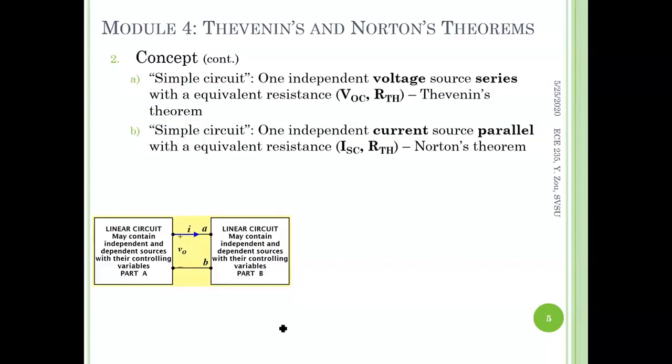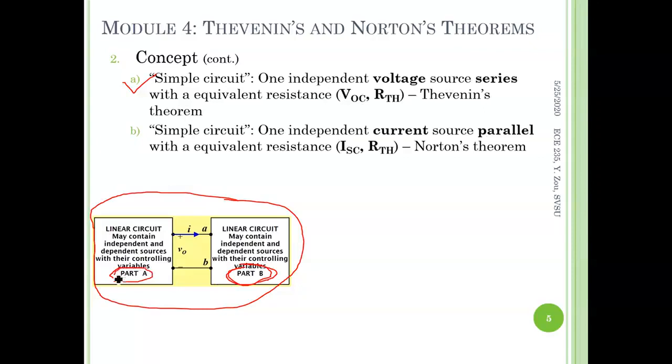Let's see a more visualized explanation of the concept. For option A, the given original total circuit is highlighted in yellow. It consists of part A and part B. If you want to find the equivalent Thevenin or Norton circuit, you first need to identify which is part A and which is part B. Part B is the part you want to keep, for example the resistor in the previous slide.